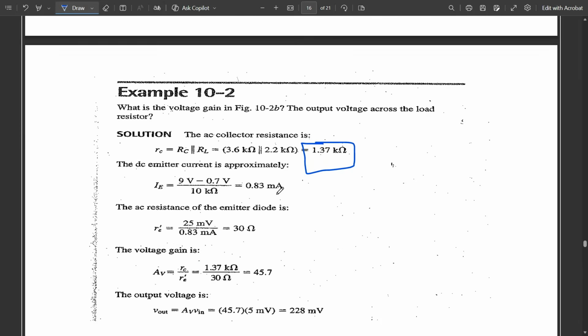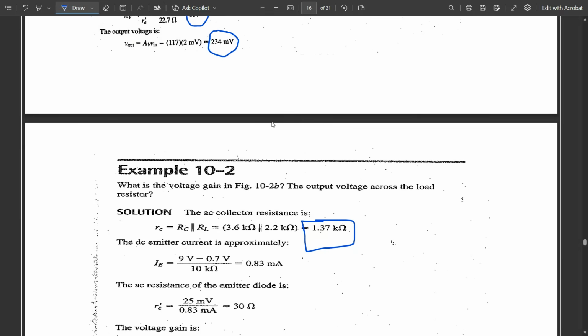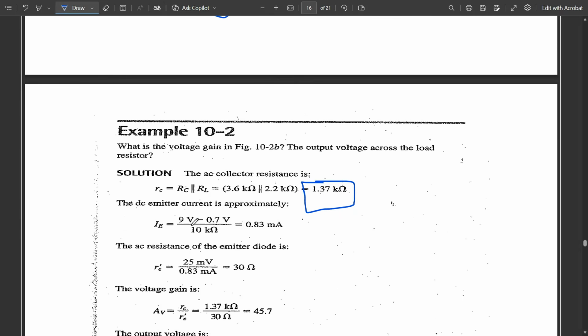RE resistance. So you substitute it here, VCC minus VBE divided by RE. Why is this component coming here? I've already told you, it is due to the two supply parts. So that's why we should be writing both the supplies here. 9 volt minus 0.7 volt divided by 10 kilo ohm. Simplify it and we would be getting the answer for DC emitter current as 0.83 milliamp.